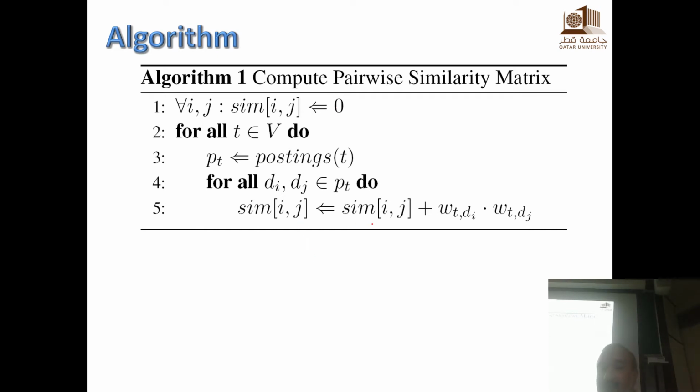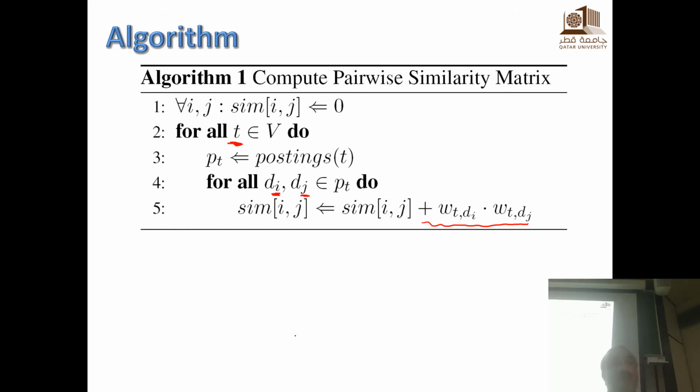Now we will add to that the contribution of T in the pair I and J, which is the weight of T in DI times the weight of T in DJ. We'll add it to that similarity. So for that solution, we don't multiply weight vectors. We actually compute the partial multiplications, the partial similarities or partial contributions.